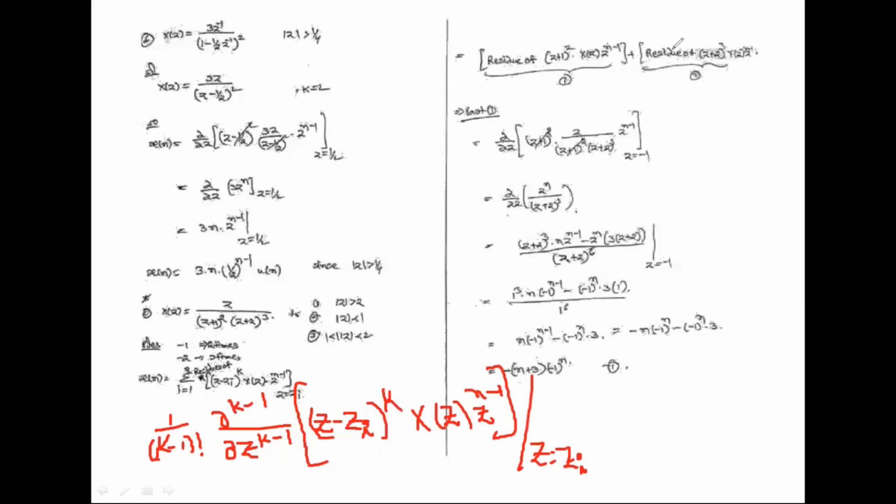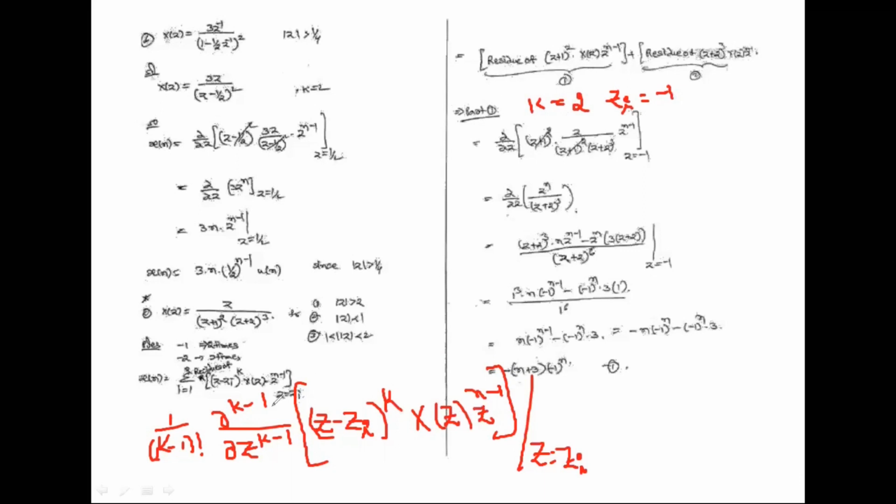Z plus 1 whole square and z plus 2 whole cube. Taking the first part, k is equal to 2 and zi is equal to minus 1.